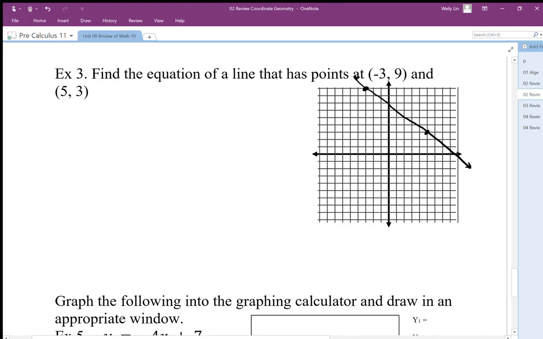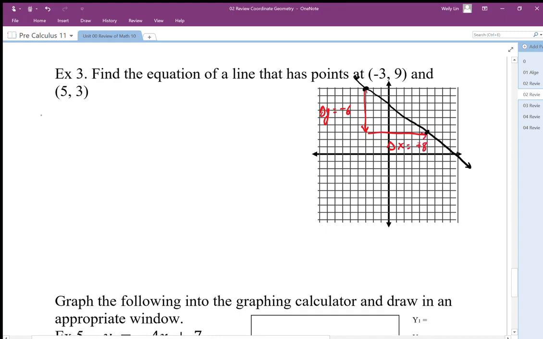So again, I need slope and a point in space here. I'm just going to find out my slope first. Between those two points, I have a change in y, going 2, 4, 6, so -6. My change in x works out to be 6, 8, so plus 8.